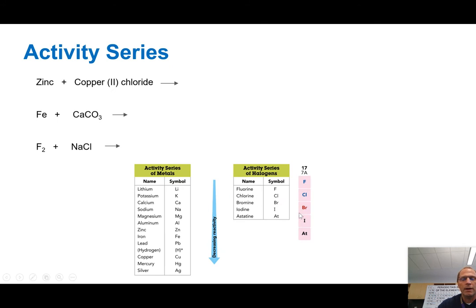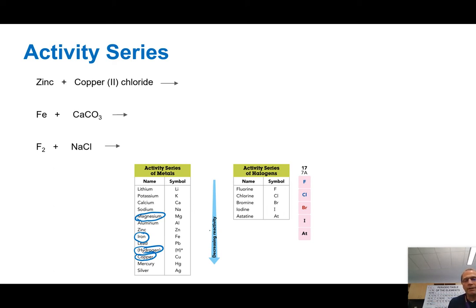If you remember, what we just used is copper, hydrogen, which was hydrogen and hydrochloric acid, magnesium, and iron. We saw all the magnesium react. This is called the activity series.